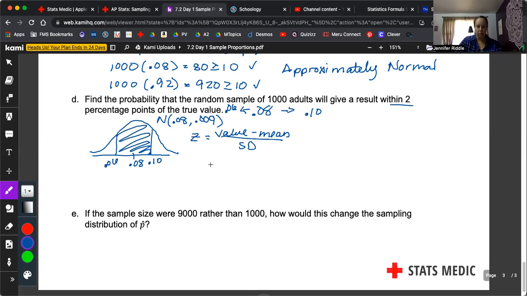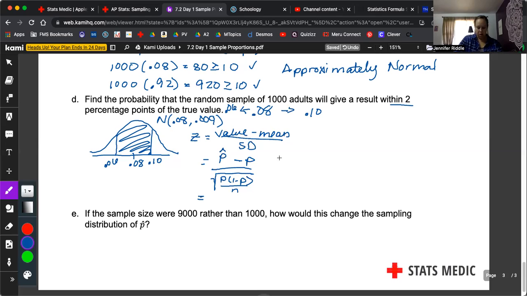We talked in class today how we can put in p hat minus p divided by the standard deviation, which is the square root of p times 1 minus p divided by n, and that'll get me my z-score.